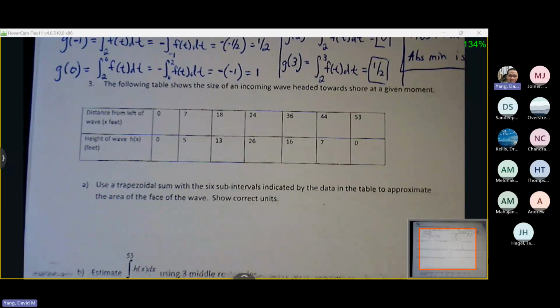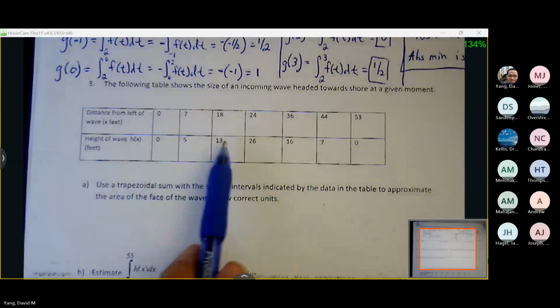Next up, the following table shows the size of an incoming wave headed towards shore at a given moment. Use the trapezoid sum with 6 subintervals. Let me change this here.